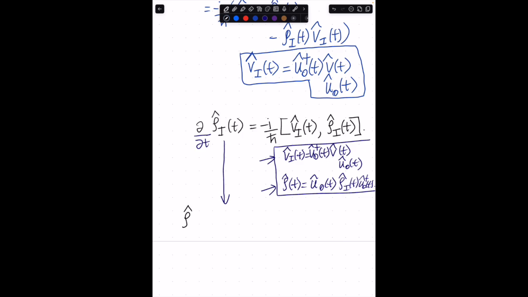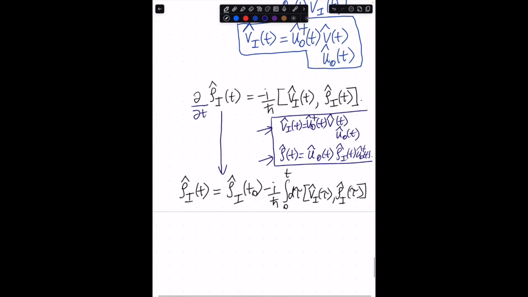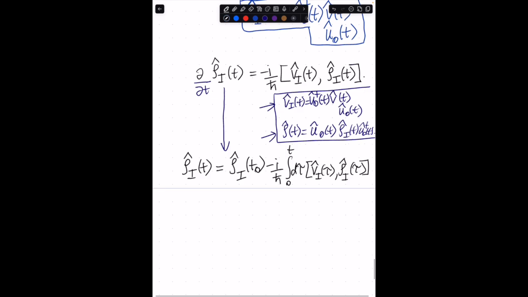So rho hat I(t) will be equal to rho hat I(0) plus, or I can just directly write, minus i over h bar, integral from 0 to t d tau, V hat I(tau) rho hat I(tau), as such. And what I could do after this is generate a solution for rho hat I(tau) and iteratively plug it in, which would be rho hat I(0).